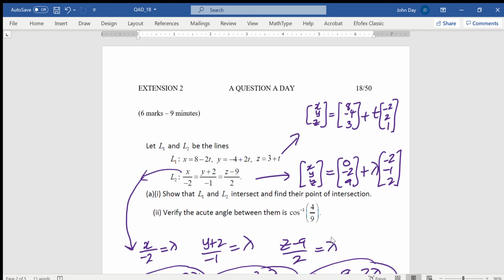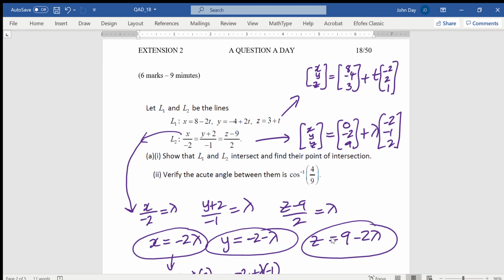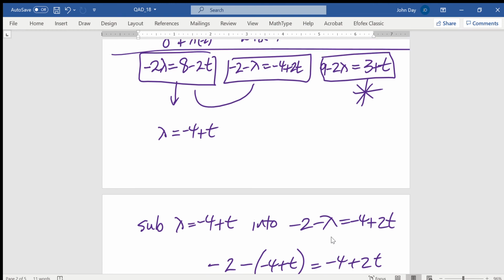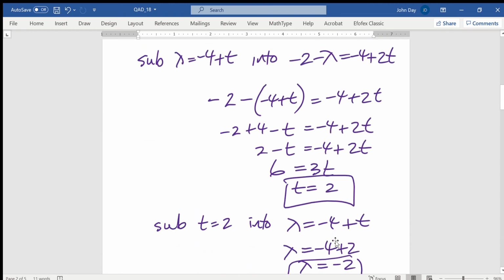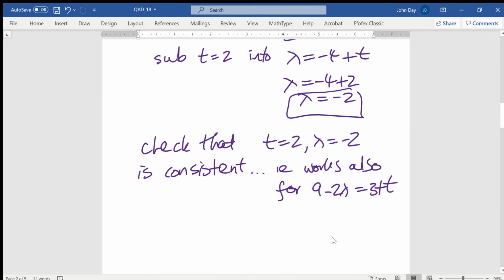From my equation, you can see it's 9 plus 2 lambda. Yep, z equals 9 plus 2 lambda. So I'm glad I'm actually focusing on this. My mistake would have been all fine in the end, but let's get this correct. So we want to check that that works in 9 plus 2 lambda equals 3 plus t.